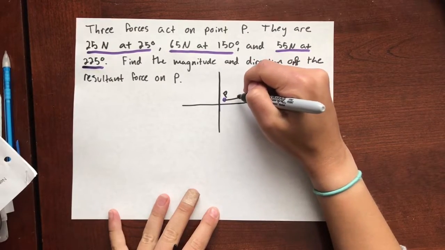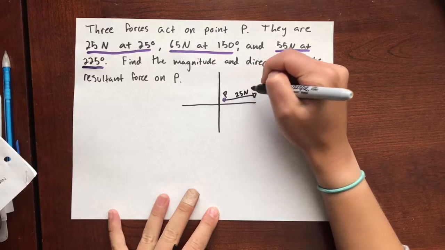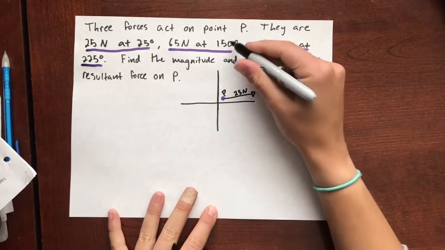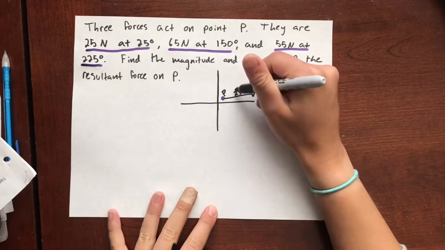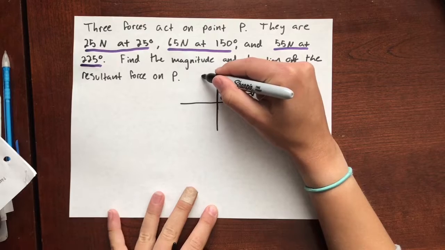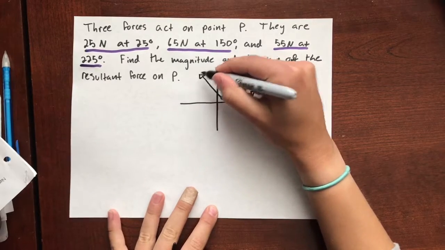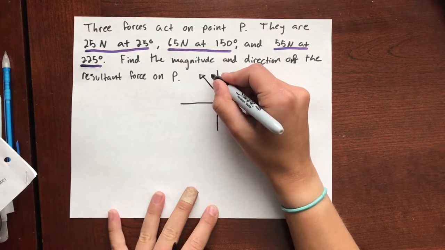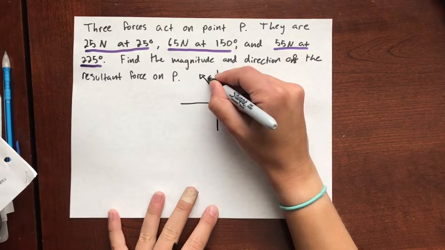So this is 25 newtons. And then we're gonna go for 65 newtons at 150 degrees, which is this point. So we go 90 degrees, 150, which is about right here. Doesn't have to be exact at all. This is our 65.